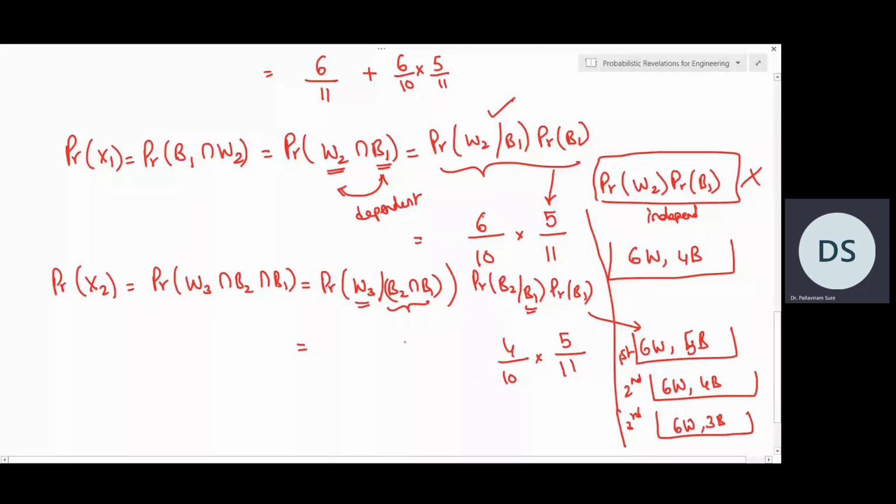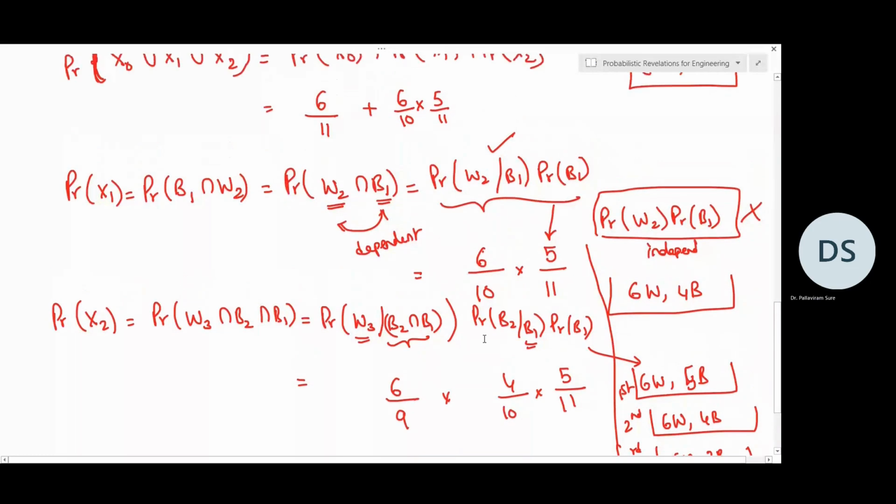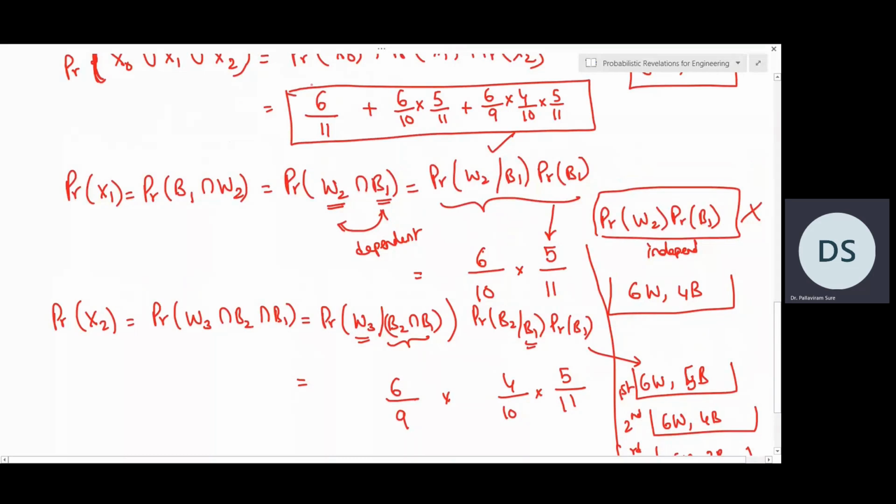So hence this probability of white is 6 out of a total of 9 balls. So the answer is 6 by 9. So substituting this answer, this is 6 by 9 into 4 by 10 into 5 by 11. So this is how we can calculate the total probability of the event where the event is the encountering of a white ball before the third draw.